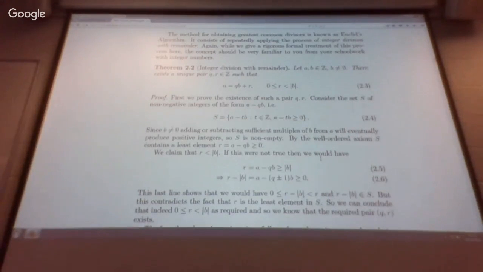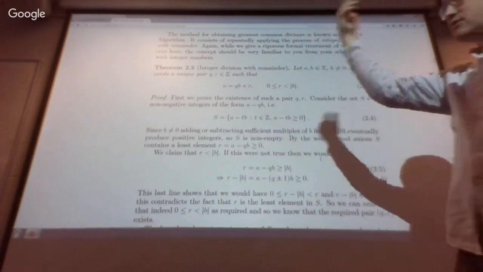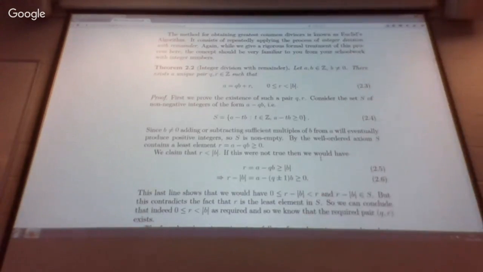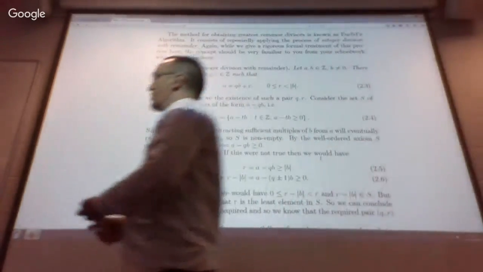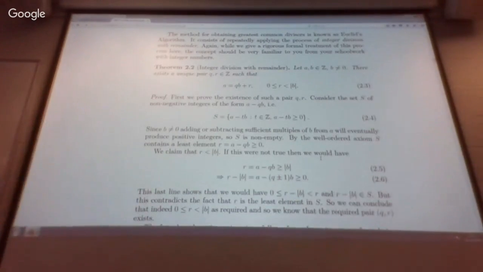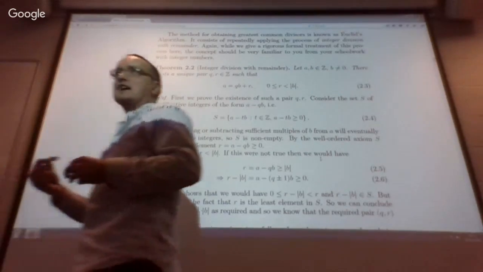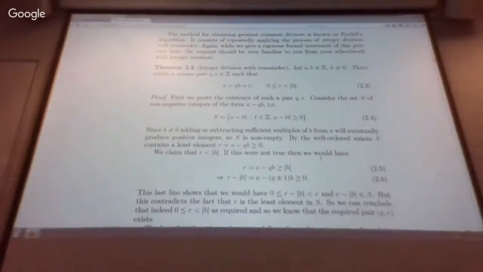So we're never going to say 100 is 3.3333 times 30, or 3 1/3 times 30. We're going to avoid fractions and stay in the integer realm. We're going to talk about some integer quotient, which in this example is 3, and then you've got a remainder left behind after the division. So integer division with remainder is just this process.